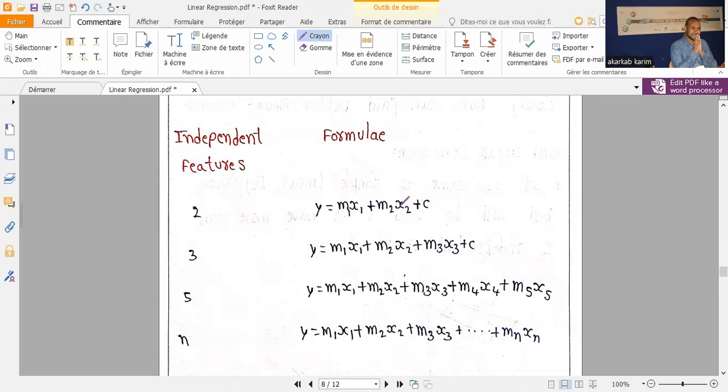Then at this time, I need to find the best value for M1, the best value for M2, and the best value for C. And X1, X2 are the given values.